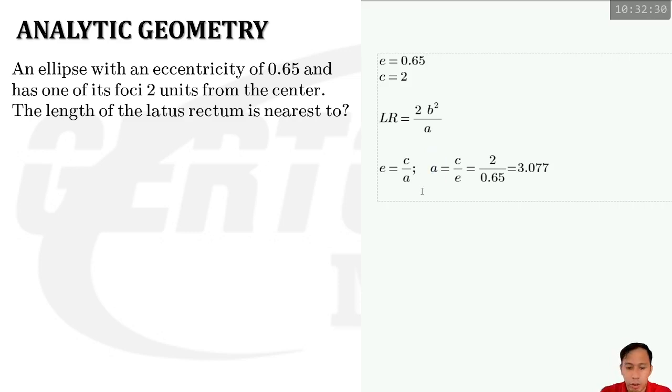Now, how about B? Well, to get B, B should be equal to square root of A squared minus C squared.